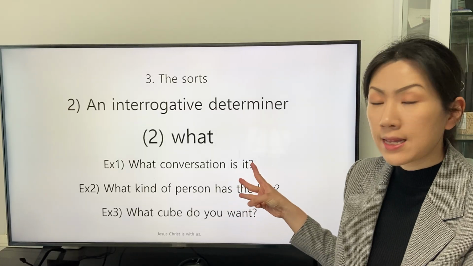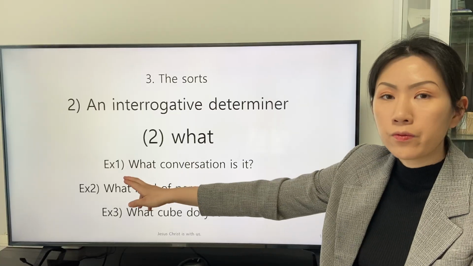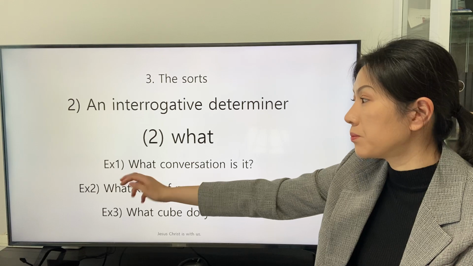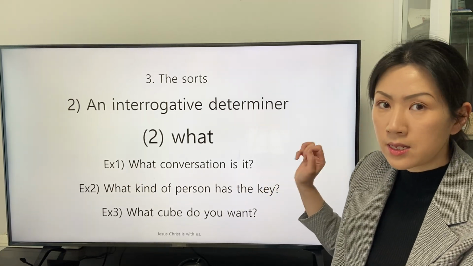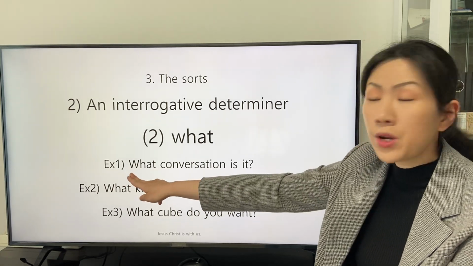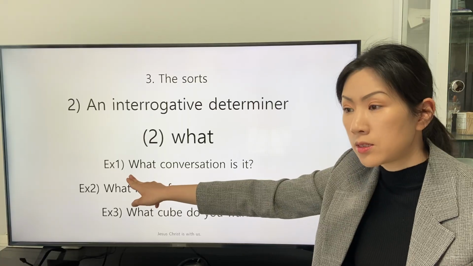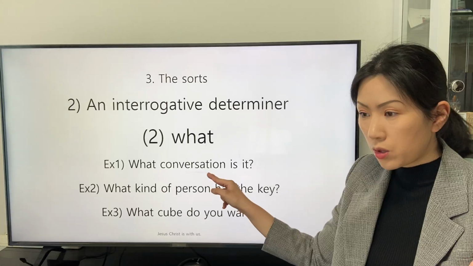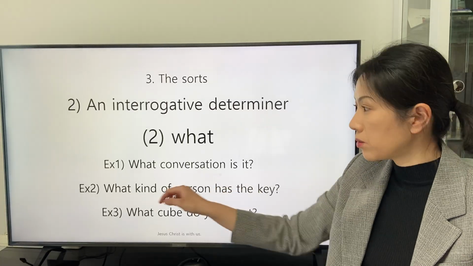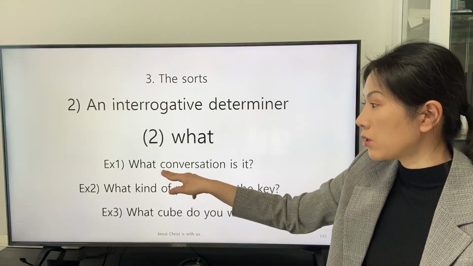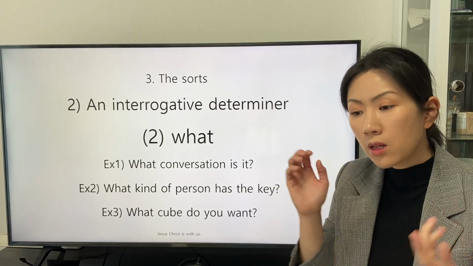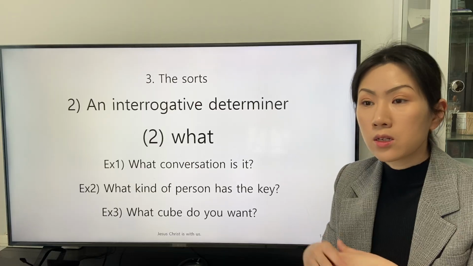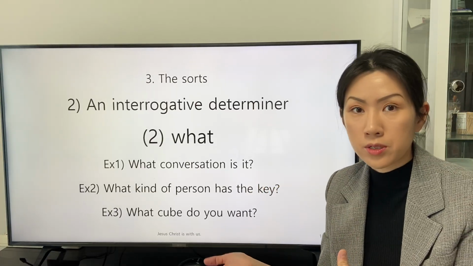There are 3 examples, and let's analyze briefly from the first example. What conversation is it? In this clause, the interrogative determiner what is applied to describe the subject indicated by the general noun conversation. The general noun conversation indicates something that is not a person.